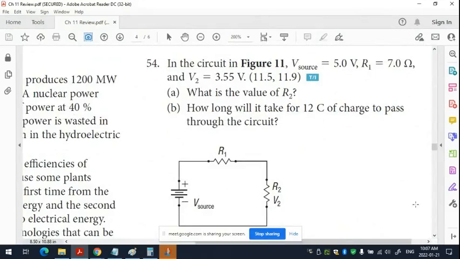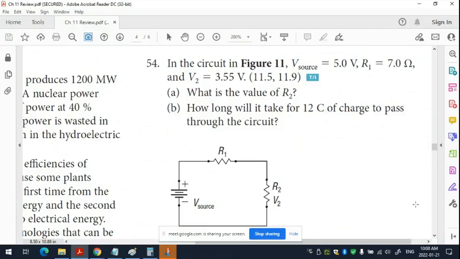V source is only 5. R1 is 7. V2 is 3.55. No, not R2. How big is the whole V? 5. How much is V2 stealing? So how much is V1 left to steal? 5 minus 3.55, which is 1.45 volts.